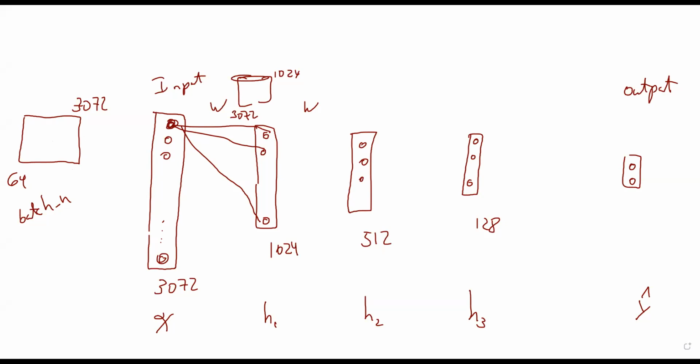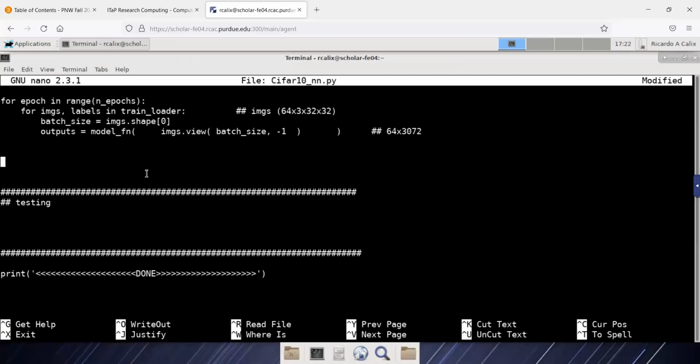And so that's what we're doing here. We're grabbing this images, right? So we extract 64 images and 64 labels. We have a batch that looks like this one. And now we're going to use view to basically convert it into 64 by 3072, because we fix the 64 by just saying batch size here, which is 64, and then the rest -1. So it'll make the other 3 dimensions into 1. Got it? All right, great.